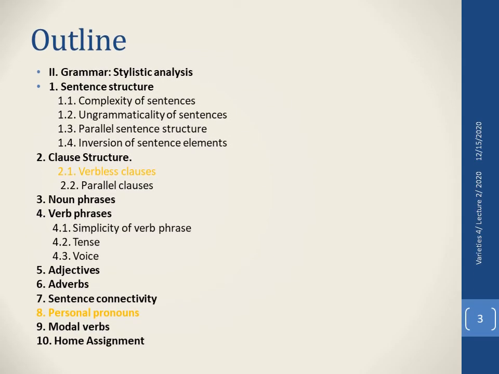So this is the outline of today's lesson. In fact, we're moving to a new level of stylistic analysis. We will be examining precisely the phraseology and the wording of narrative literary text. We will be starting with sentence structure, including the complexity of sentences and grammaticality of sentences, parallel sentence structure, and inversion of sentence elements.